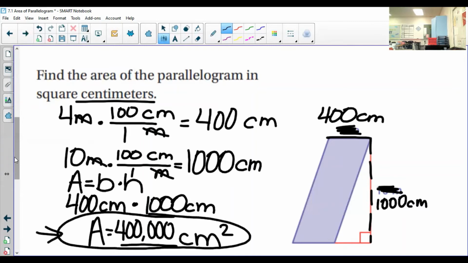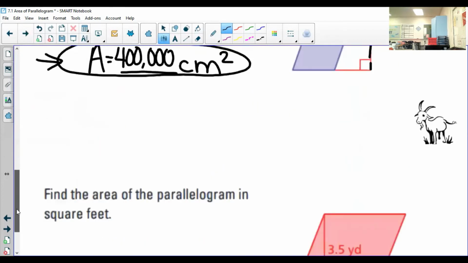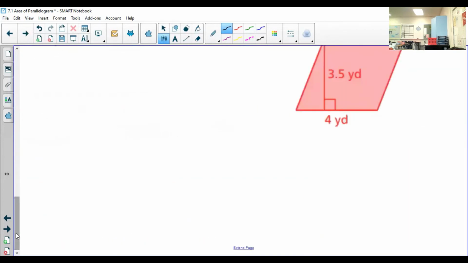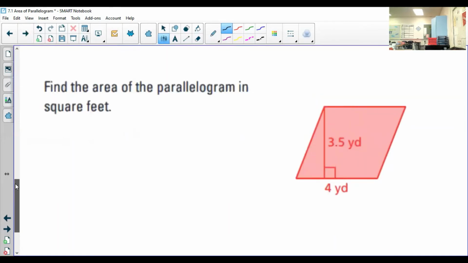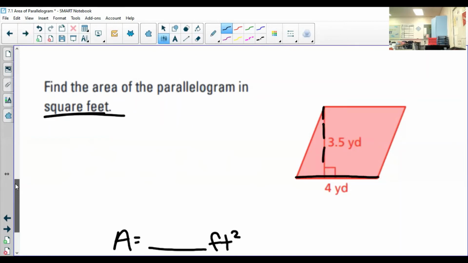Okay, maybe let's try one more like this, just to be sure. All right. Find the area of the parallelogram in square feet. Okay, so my answer is going to have to be something feet squared. I've got 4 yards and 3.5 yards. Okay, so we're going to start with 4 yards.